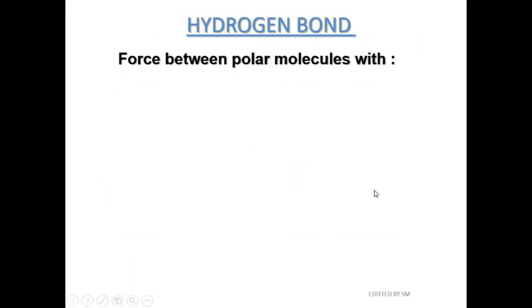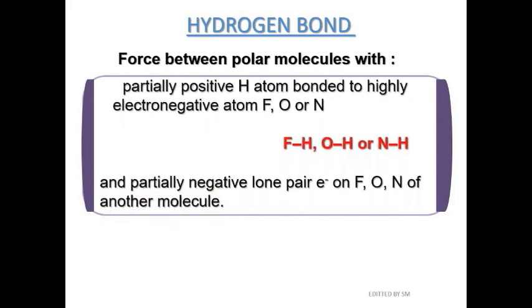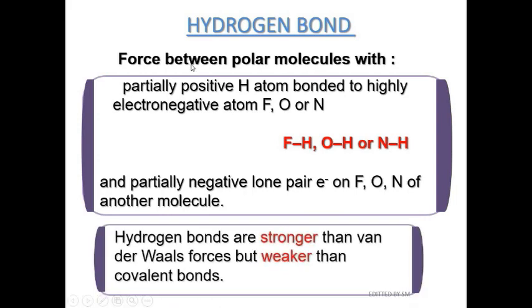Okay, next, I will explain what the hydrogen bond is. Hydrogen bonding is a special type of intermolecular attraction. There are two requirements for the formation of a hydrogen bond. First, hydrogen bond forces occur between polar molecules with a partially positive hydrogen atom bonded to a highly electronegative atom: fluorine, oxygen or nitrogen.